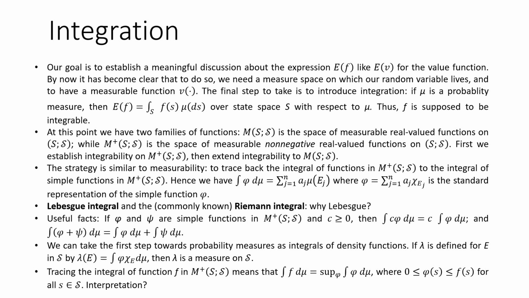This is the first step towards the probability measure, because this is exactly what we are going to do with the density function. We integrate the density function over a subset of the state space, and it's going to be a probability measure. And I guess the last point is the most important one, because here you can see how we can trace the integral of a function back to the integral of simple functions, if we have simple functions which are not greater than the function we are interested in.